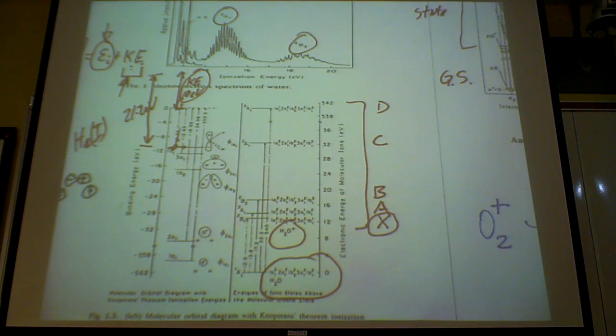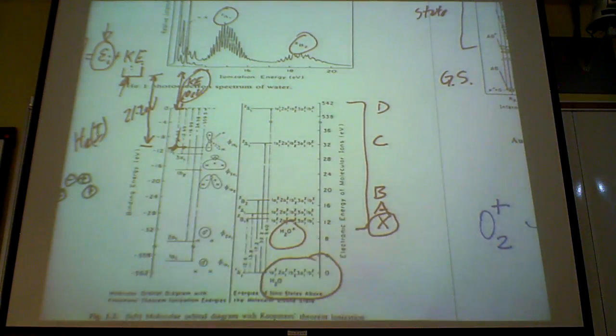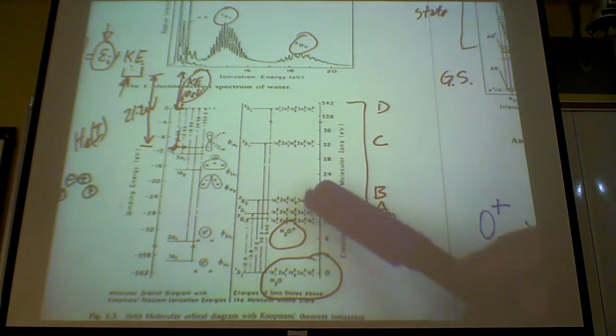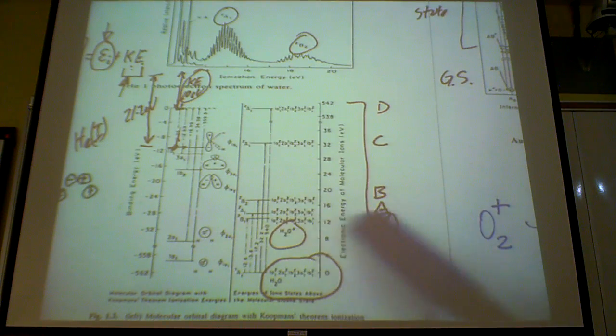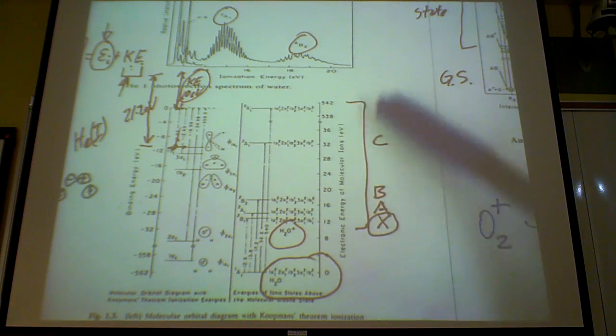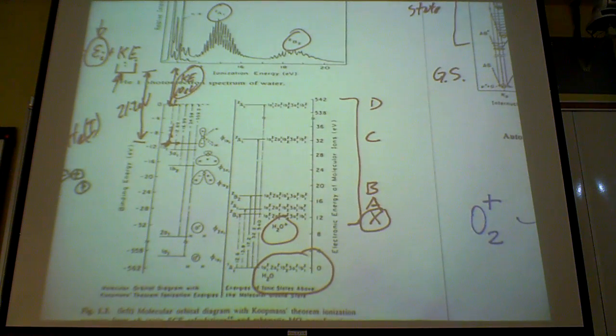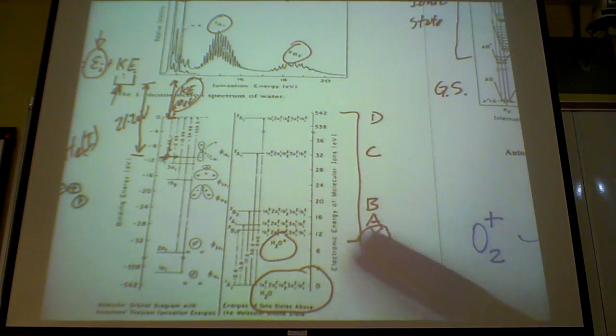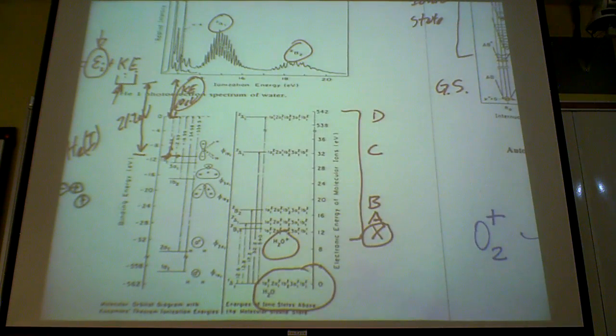So this is a big wave function, this is a little phi, if you like, and so forth. So you have the ground ionic state called the X state, and then you have the first excited states A, B, and C. This generic notation is always the same.